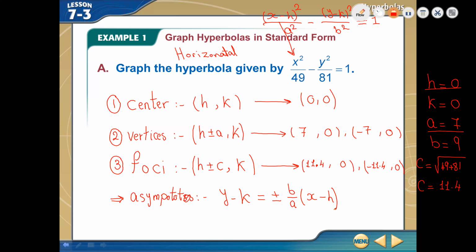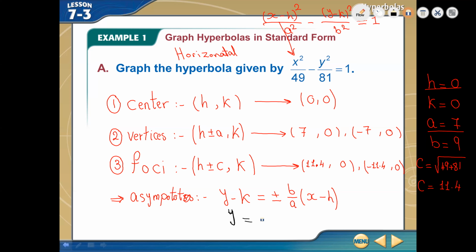Khalid, substitute with me, please. Y minus 0, it means y equals positive first.